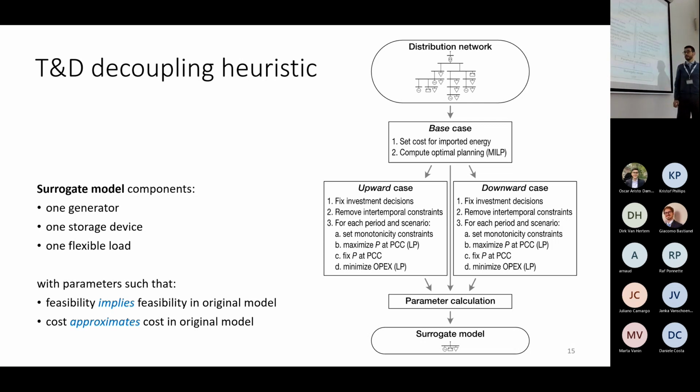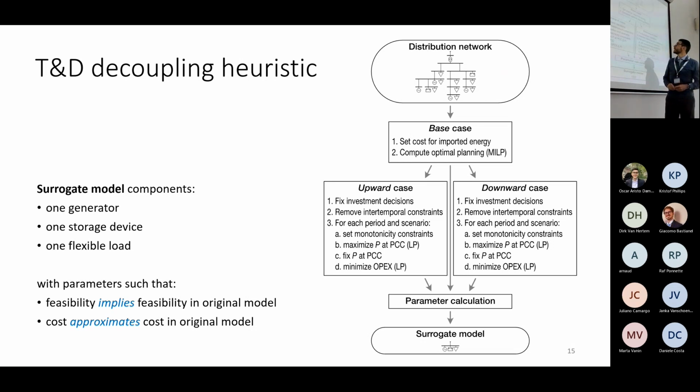At first, we evaluate a base case, which is the optimal planning of the distribution network alone. This considers a constant cost for the energy imported from transmission. Then we try to maximize the power in both directions in order to evaluate the flexibility that may be provided by distribution to transmission.